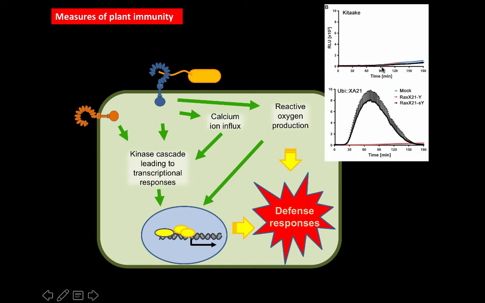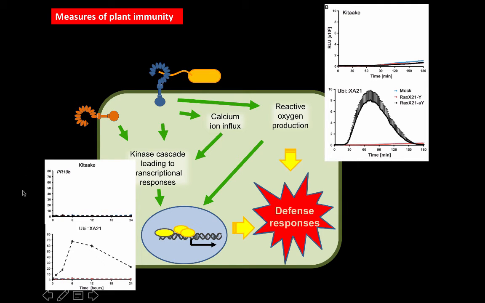So you put this RaxX on, nothing happens. But if you have the immune receptor and the right form of RaxX present, then you get an immune response within like 30 minutes, which peaks around 1.5 hours. And you can measure this really easily.